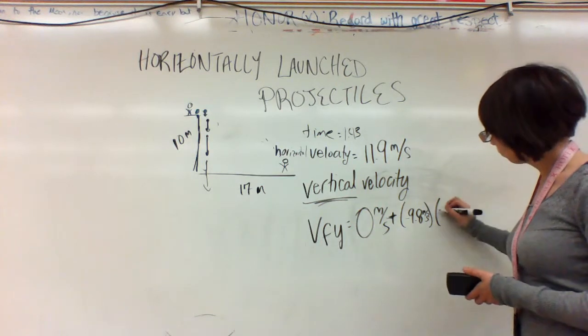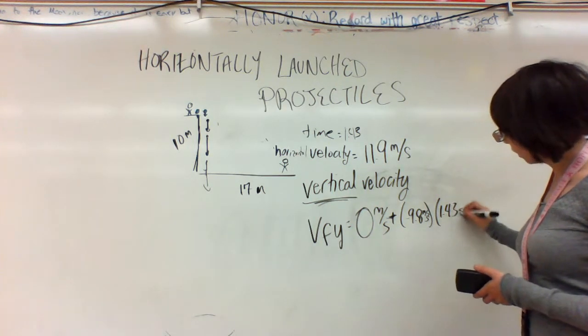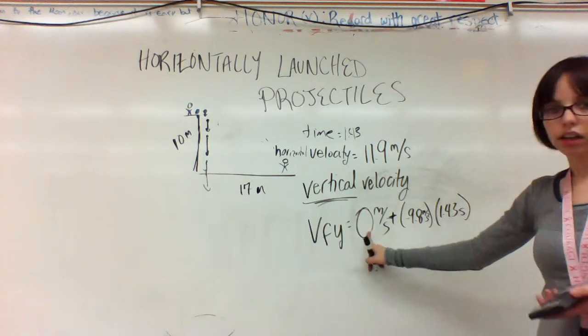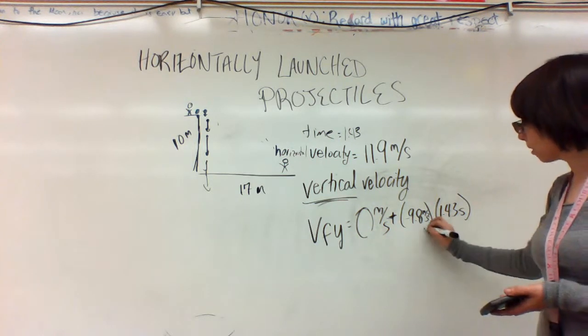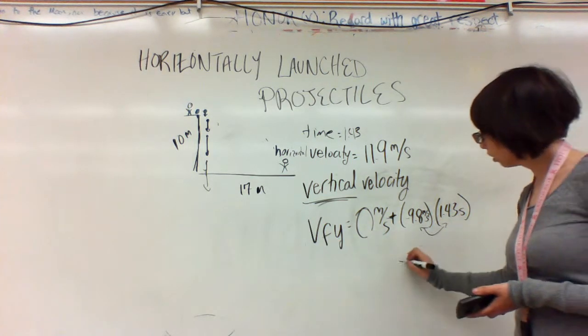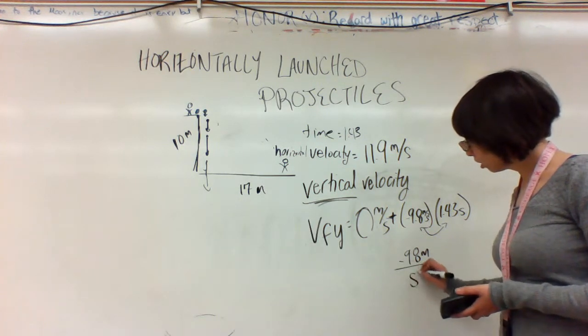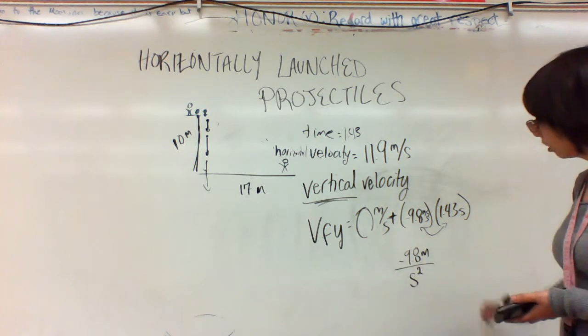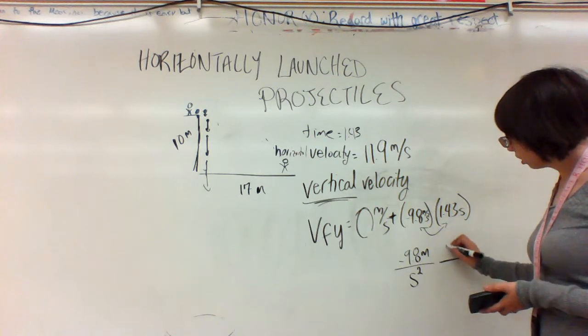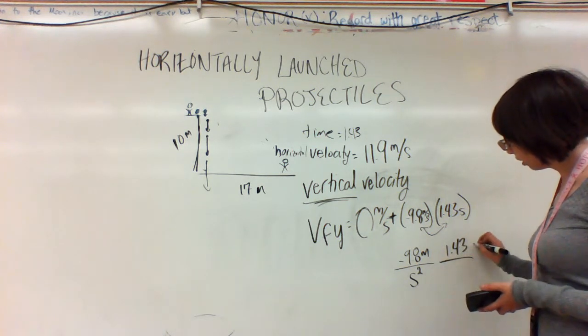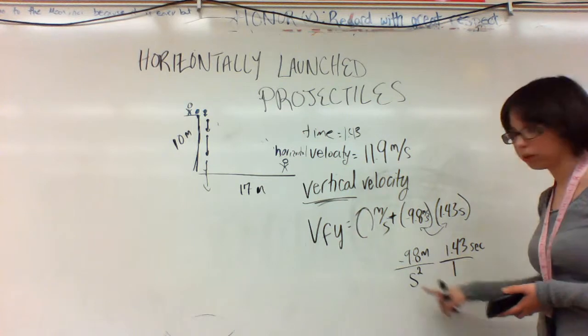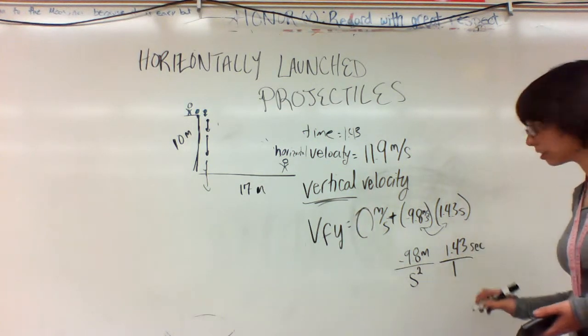Time is 1.43 seconds. When I multiply these terms together, negative 9.8 meters over seconds squared times 1.43 seconds, I just put that over 1 so I can see how my units cancel.